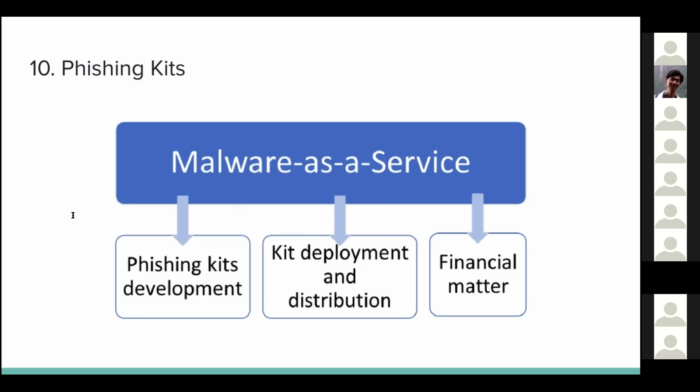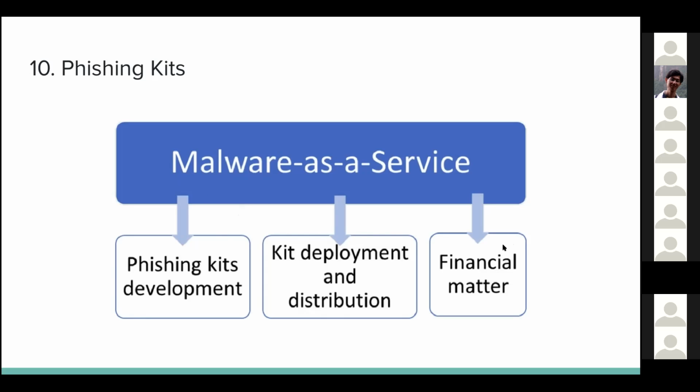Instead of just selling phishing kits, right now the cyber criminals are moving into a service-based business model. On top of developing the phishing kits and selling them, they also sell the service to deploy and distribute the phishing kits or to host a phishing website.